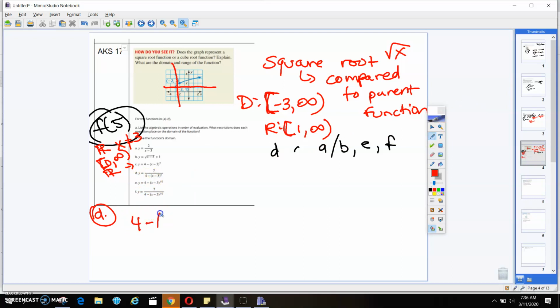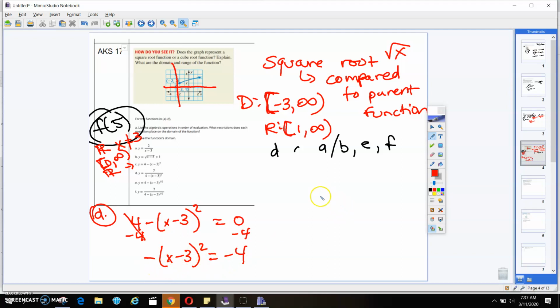We're going to set it equal to 0, and we're going to solve for the x that would give us 0 in the denominator. If we have 0 in the denominator, we're going to have an undefined answer. That's a big no-no. So I'm going to set it equal to 0 and solve. So I'm going to subtract 4 from both sides. That's going to give me negative x minus 3 squared equals negative 4.